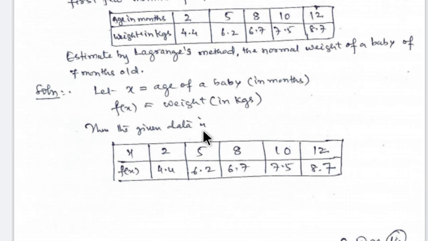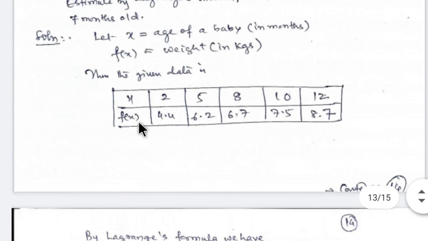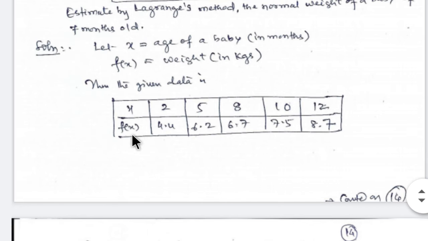Then the given data can be written as in the table of x, f(x). You have seen x is age in months. Okay, x you take 2, 5, 8, 10, 12. f(x) is weight in kilograms. f(x) you say 4.4, 6.2, 6.7, 7.5, 8.7.